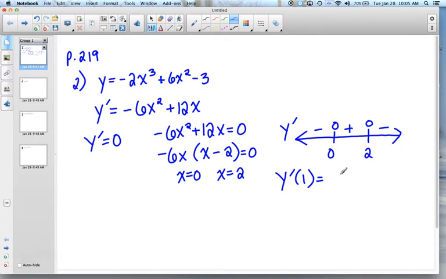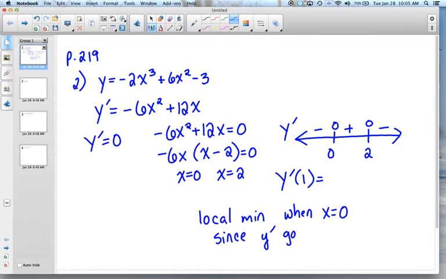So what that tells me by the first derivative test is because at 0 the derivative goes from negative to positive, that indicates that we have a local min when x equals 0, since y prime goes from negative to positive.